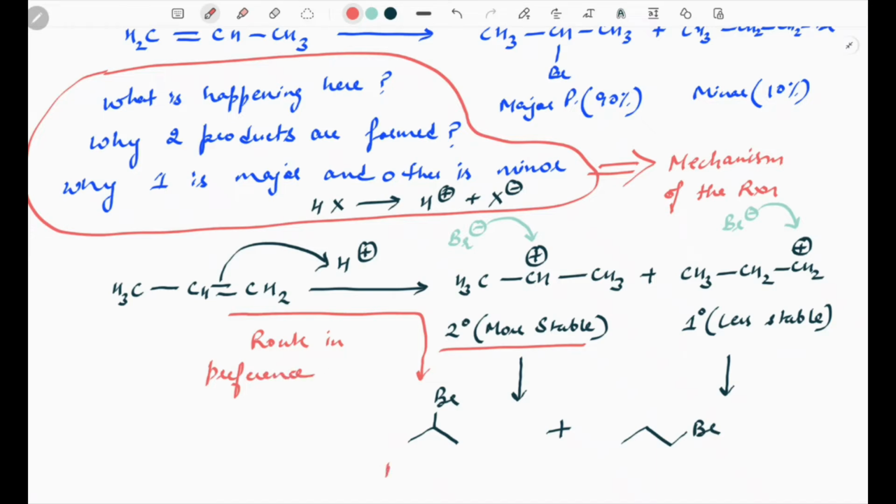Therefore, this product is formed as the major product, whereas if the reaction goes through this primary carbocation, which is less stable, a lesser number of reactants choose this path. Therefore, 1-bromopropane is formed as the minor product.